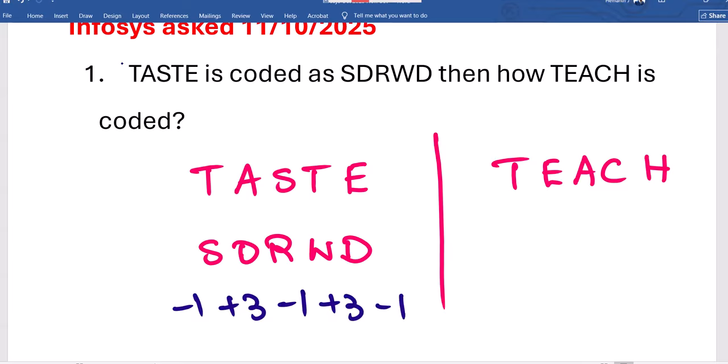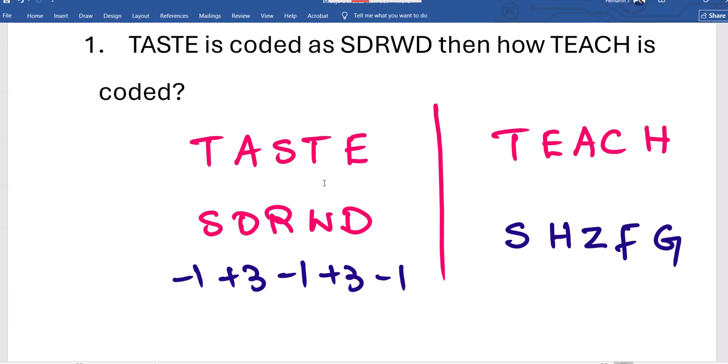So if you do that, Z plus 3 means we'll get again F, and this should be G. Minus 1, plus 3, minus 1, plus 3, alternately doing. Coding and decoding, a recent question.